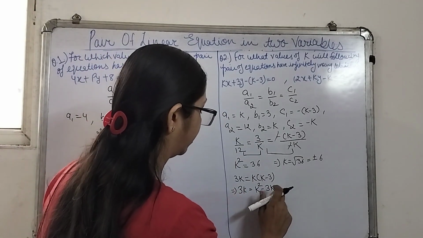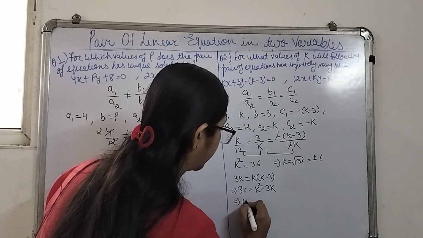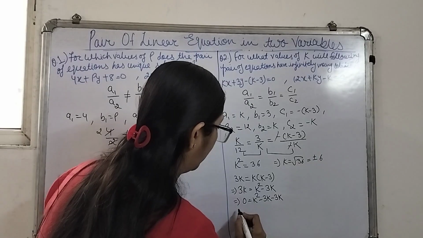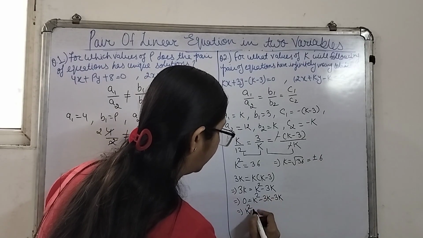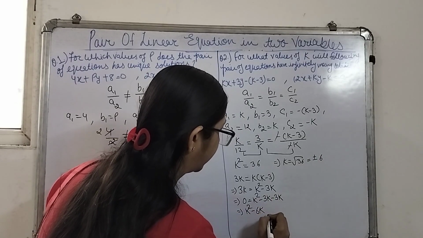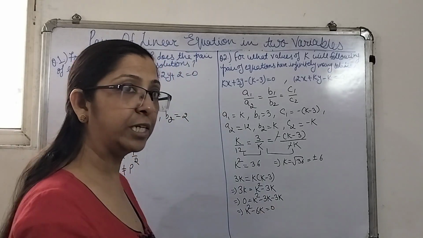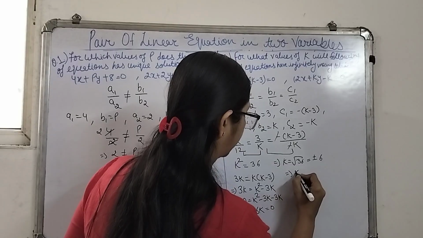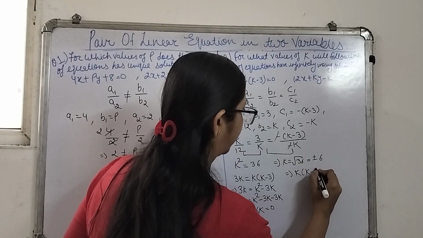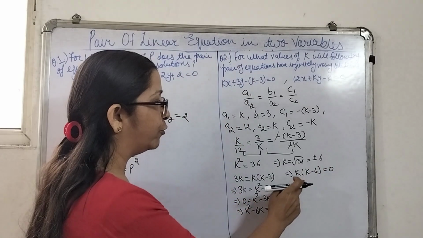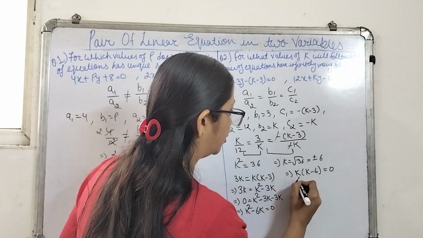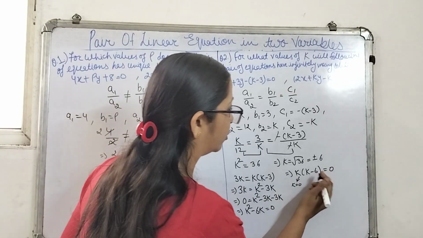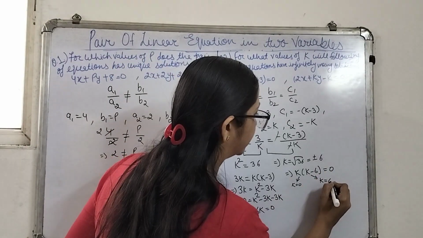Taking this over here, it becomes 0 equivalent to k square minus 3k minus 3k, or k square minus 6k. Now k can be taken common, the remaining will be k minus 6 equivalent to 0. If we consider k equivalent to 0, the value of k is 0, and if we take k minus 6 equivalent to 0, the value of k is 6.